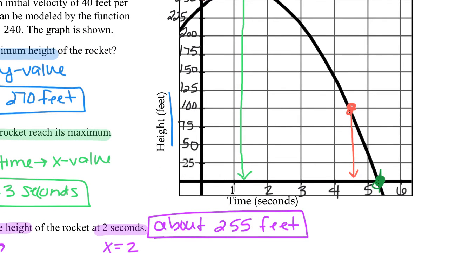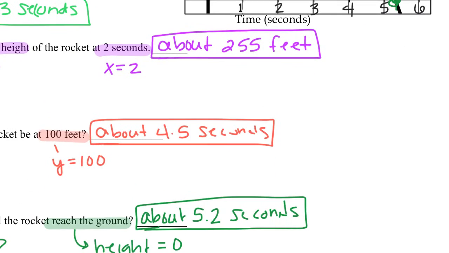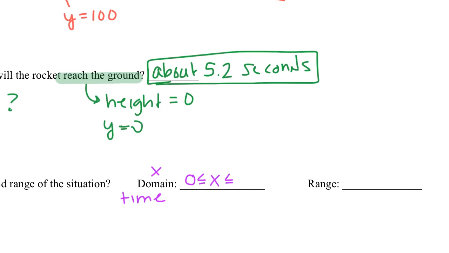So it starts here at 0 on the x, and it goes all the way till the rocket reaches the ground. So the time that it reached the ground is the ending time, and we said that that was at about 5.2 seconds. That's when it reached the ground. So that's the highest time this rocket will be in flight. So 0 is the smallest time available. 5.2 is the highest time available.